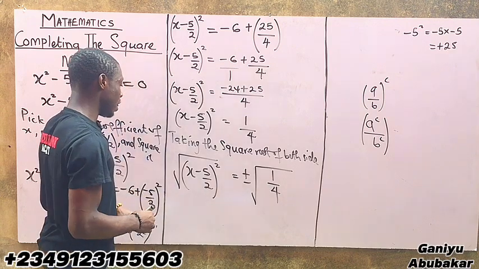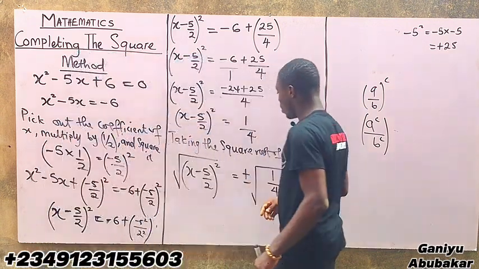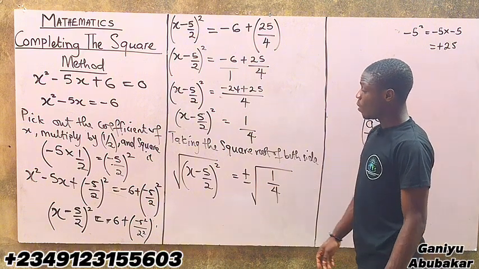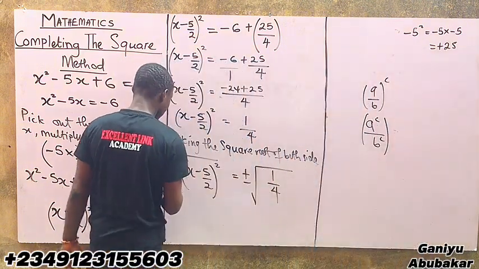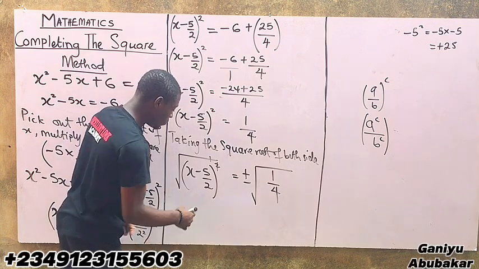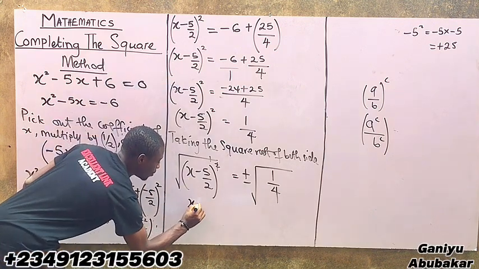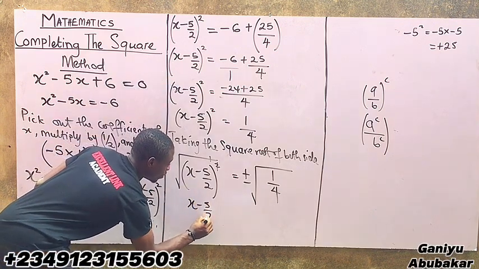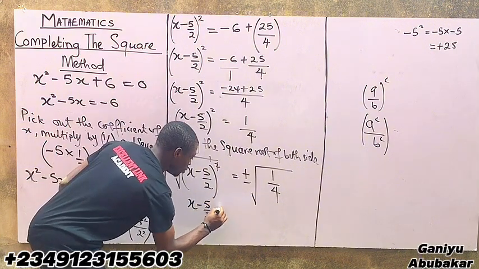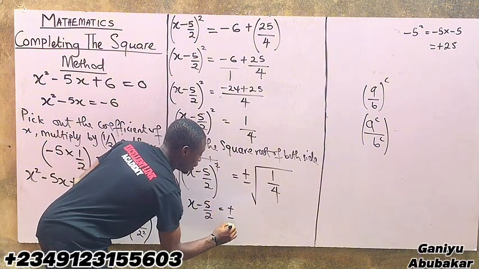So you add plus or minus, that's the idea. So here, the square and the square root cancel, and I'm left with x minus 5 over 2 alone, being equal to plus or minus.